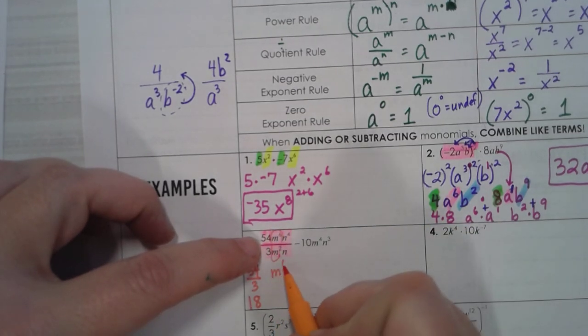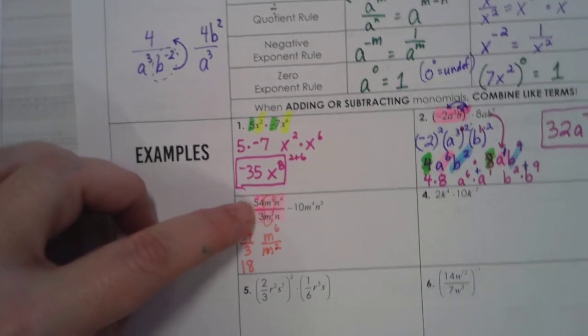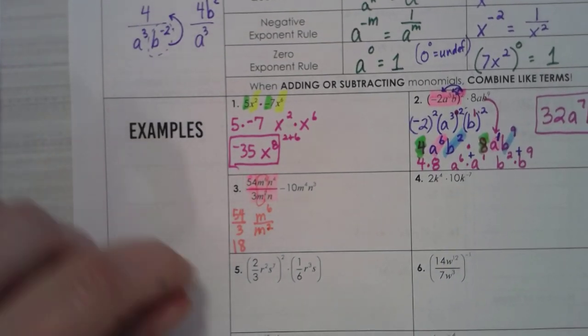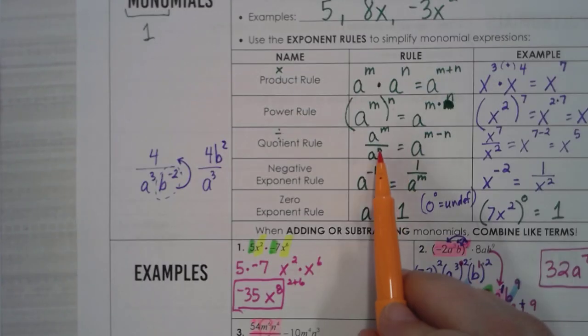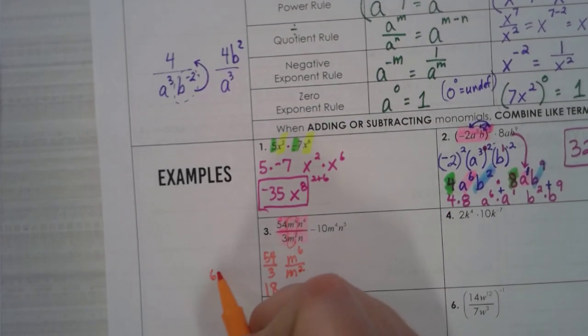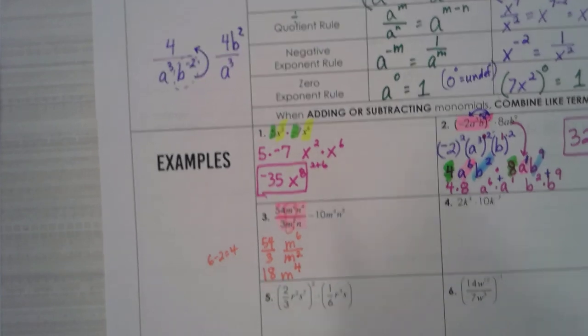So that's going to be m to the 6th over m to the 2nd. And those are right over the top of each other. So what do we do with these exponents? It looks like this, quotient rule. So we're going to subtract. So 6 minus 2 gives us 4. M to the 4th.